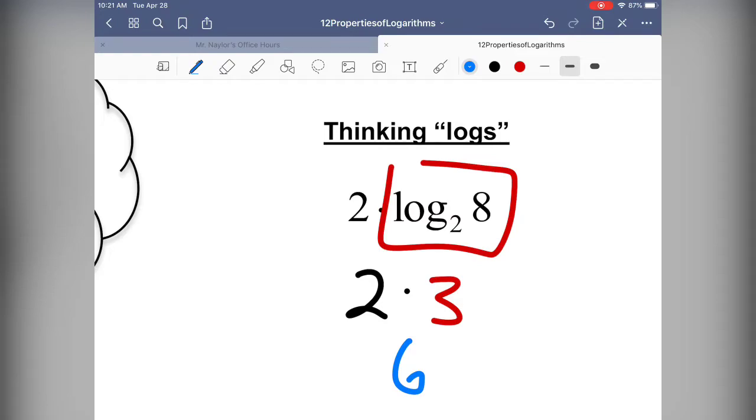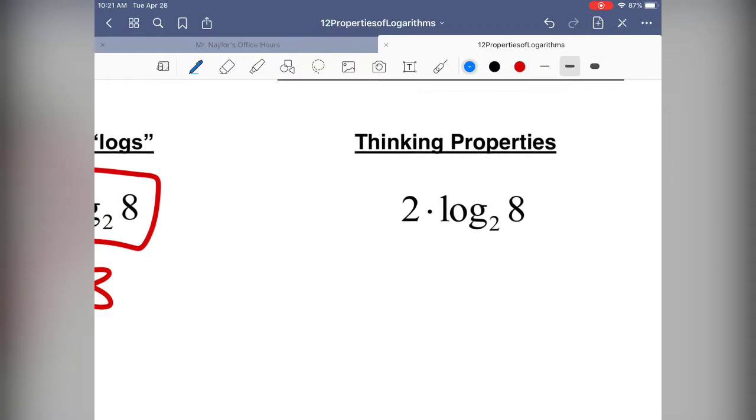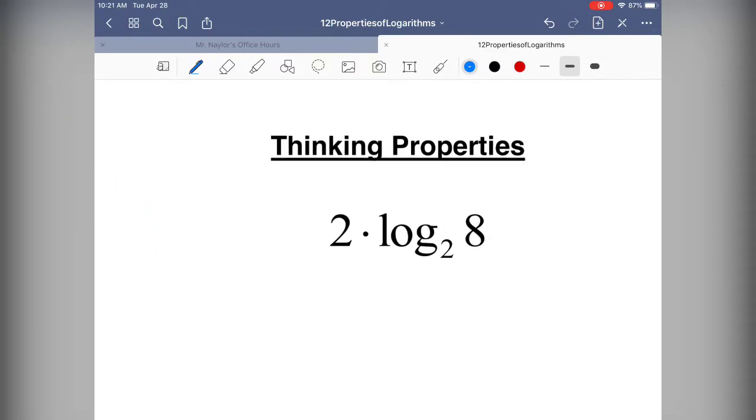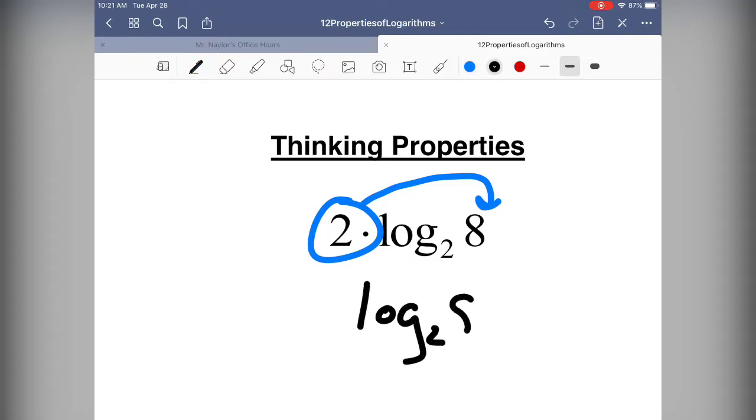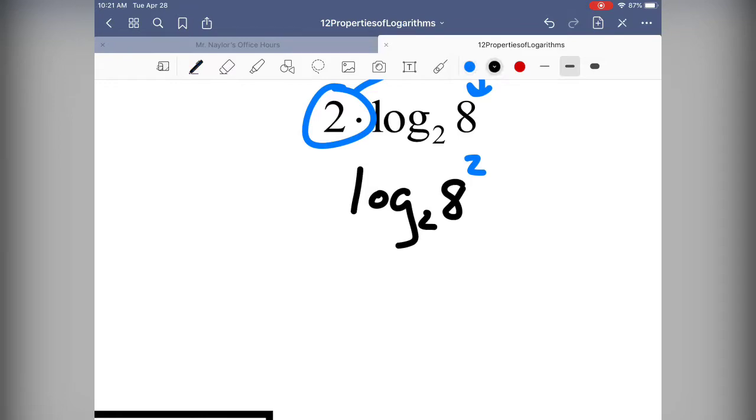So could we get the number 6 by using properties? Well, yes, we can. I just haven't shown you the properties yet, but when you're multiplying, that would have been the same as changing that multiplier, that coefficient, to be an exponent. And so I'm able to change that 2 to be an exponent on 8. Now that gives me 8 squared.